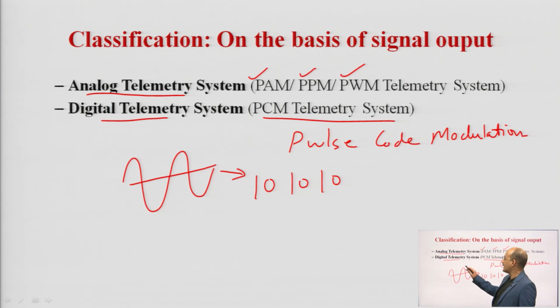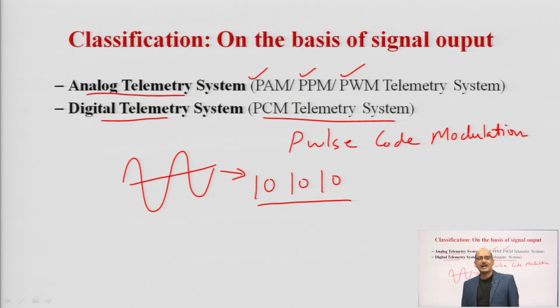So, basically in the digital telemetry system you are getting the digital output, that is in the form of 10101. In the analog telemetry system you are getting an analog signal which is continuously changing its magnitude with respect to time, that is the definition of an analog signal.